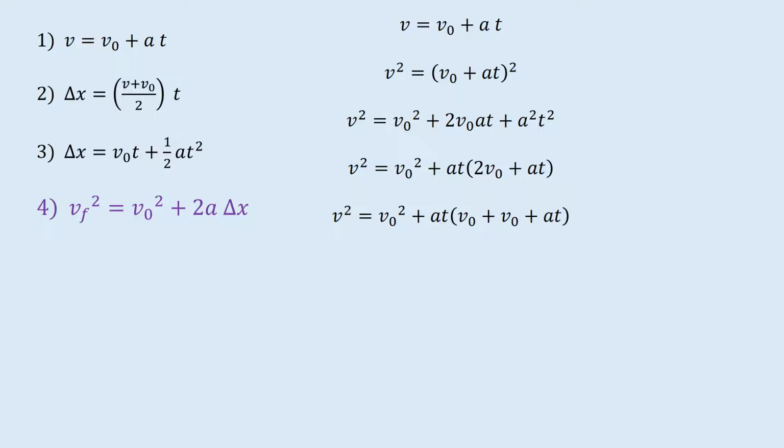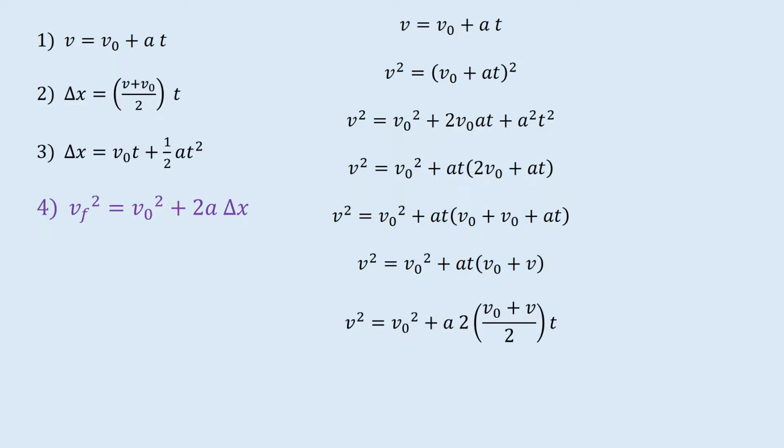And then from the first kinematic equation that we started with, we know that v naught plus at is just v. And from this step, we can multiply by a clever form of 1, that being 2 over 2, to make the equation be v squared equals v naught squared plus a times 2 times (v naught plus v over 2) times t.